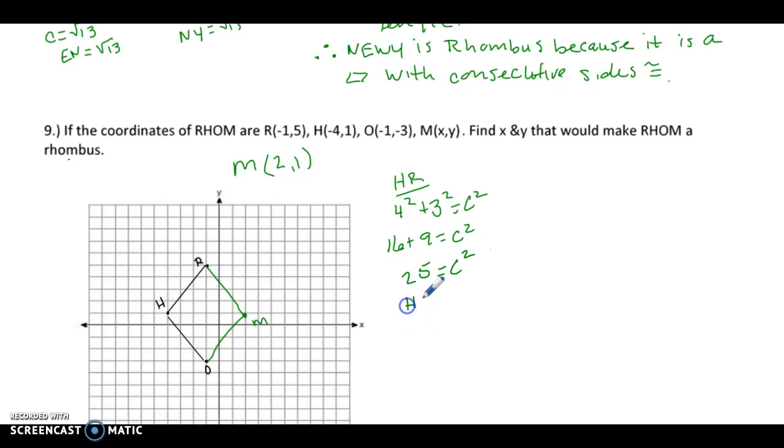So the length of HR would be the square root of 25. But that would be true for RM and OM and HO. So they would all be the square root of 25. RM is the square root of 25. OM is the square root of 25, and HO. Okay?